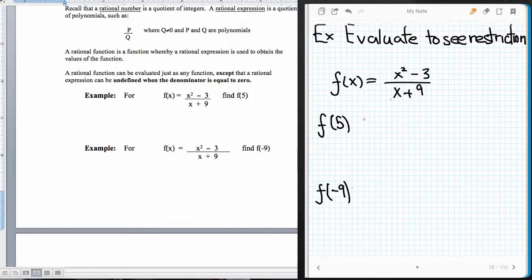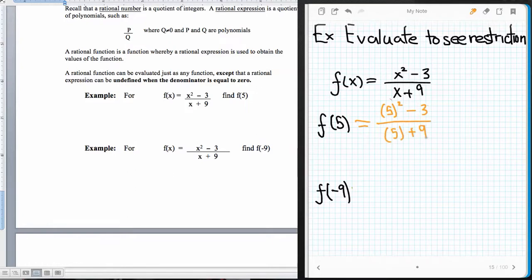So what we're going to look at is that we have f of x equal x squared minus 3 over x plus 9, and we're going to evaluate it at x equals 5. So this says plug in a 5 wherever we see the x, so we get 5 squared minus 3 over 5 plus 9.